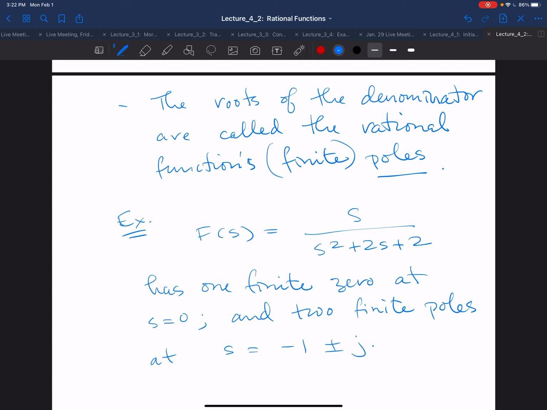We sometimes talk about poles and zeros at infinity in addition to these finite poles. And this is an example of a function that is said to have a zero at infinity. Because according to the usual way we talk about taking limits of functions of a complex variable s as s goes to infinity, if we took such a limit for this function f of s, we would get 0, because the degree of the numerator is strictly less than the degree of the denominator.